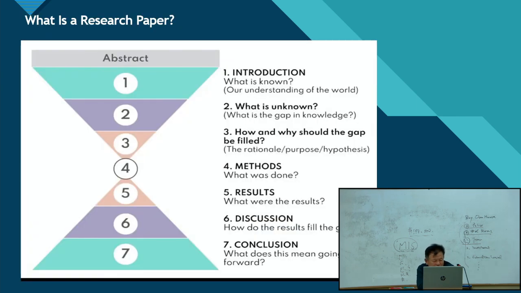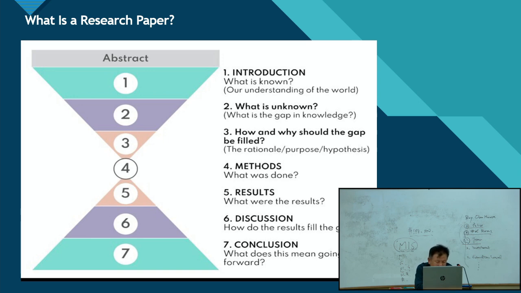And what is a research paper? There are many kinds of different definitions for a research paper, and the body has several parts. So the first part is the introduction. The introduction shows what is known, our understanding of the world. So the introduction should show what is known.